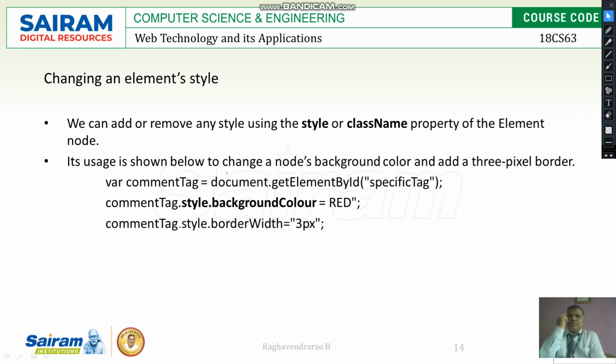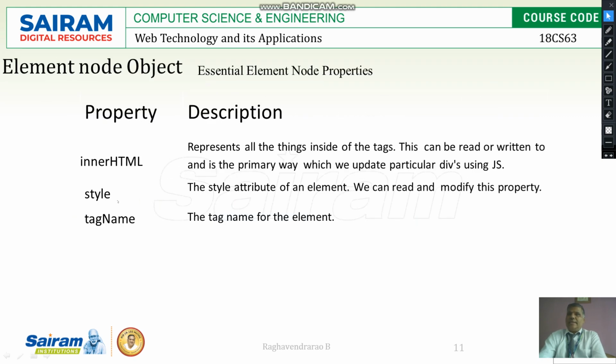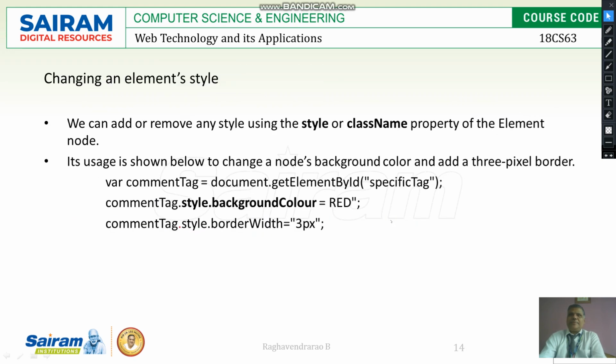You can change the style, meaning the color of those things. Here we saw the style, the attribute element styles and all this, so color is going to be there. Now we can add or remove the style by using the style or className property. Here the variable commentTag is stored, document.getElementById with the specific tag, then commentTag.style.backgroundColor.